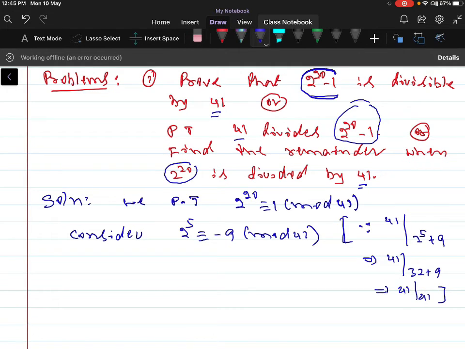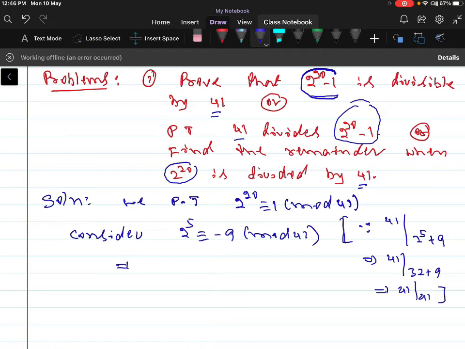So therefore we can write 2 power 5 is congruent to minus 9 modulo 41. We are supposed to prove that 2 power 20 is congruent to 1 modulo 41. So let us raise 2 power 5 to the power 4, so that we get the power 20.